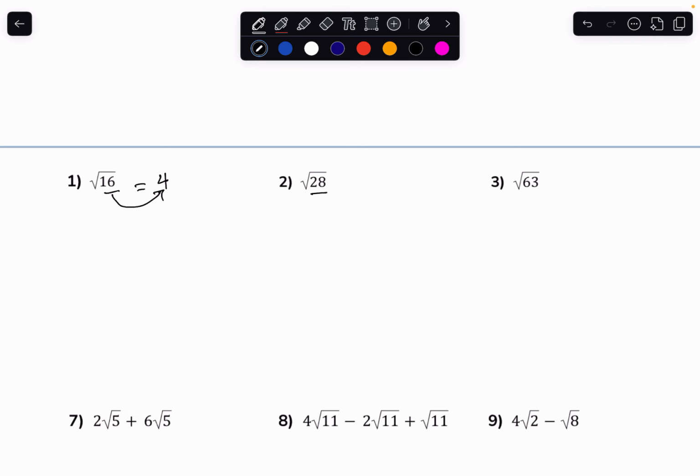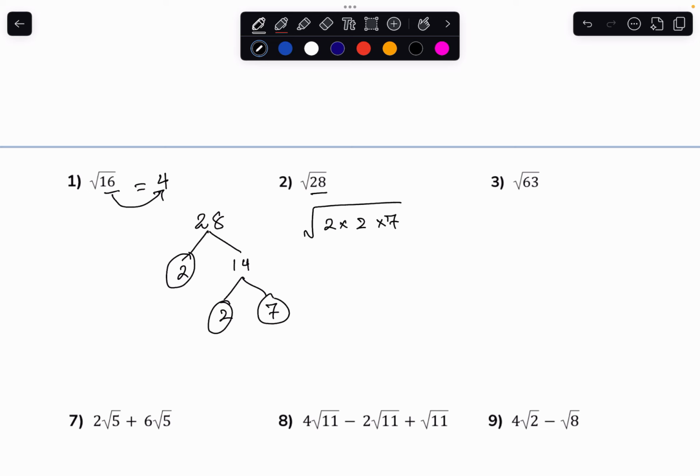28. Since 28 is not a square number, we will find the factors of it. 2 times by 1, 2 times by 4, 2 times by 7. These are the prime numbers. Then we can write 2 into 2 into 7. Pair, you will get 1 out, and all the other things stay inside. That's your answer for this.